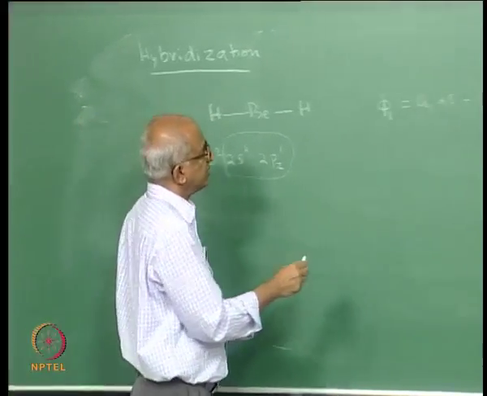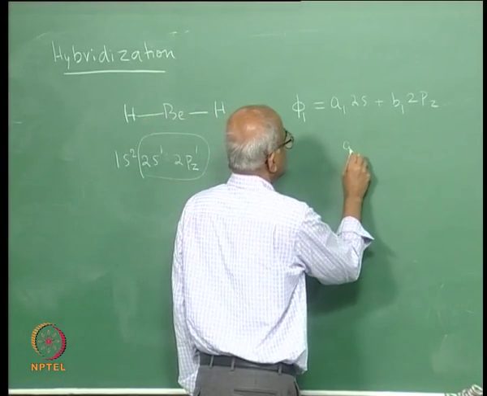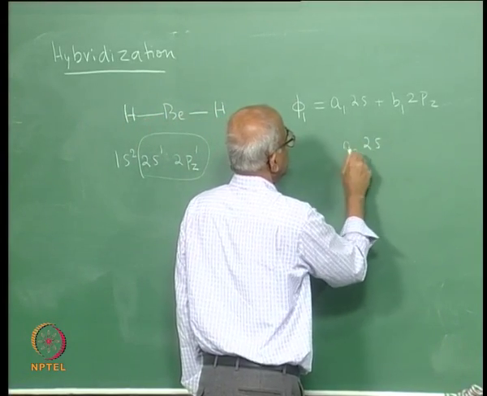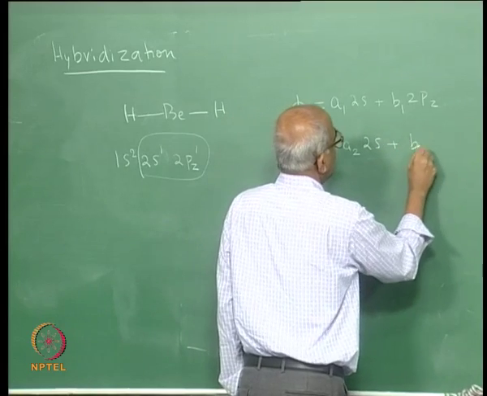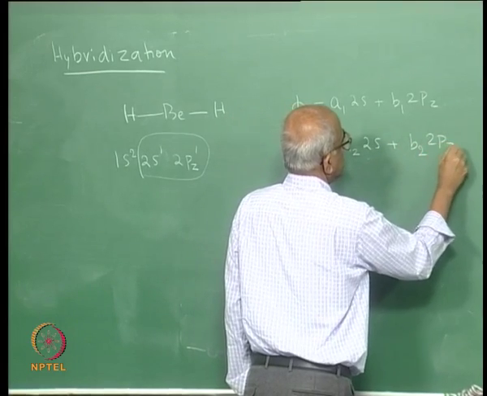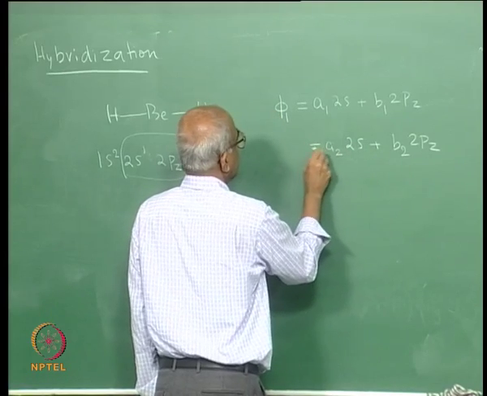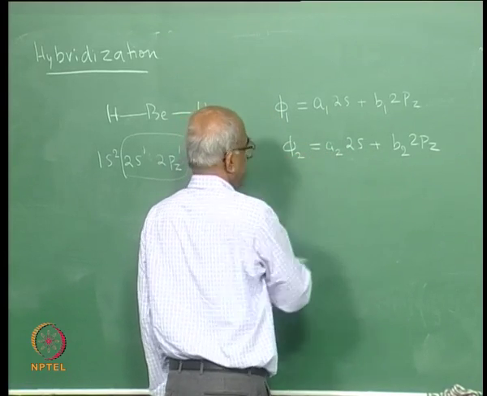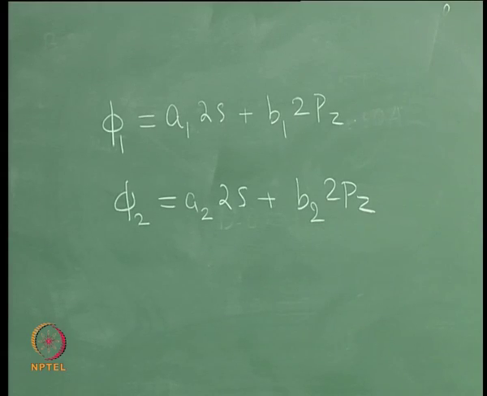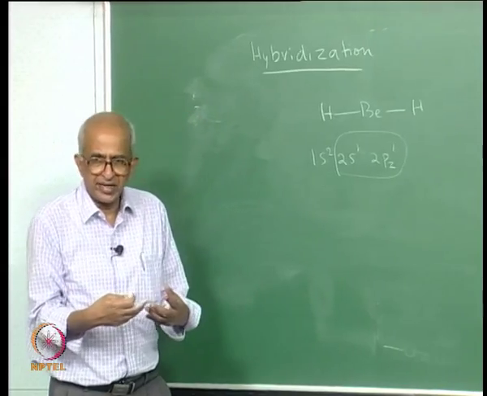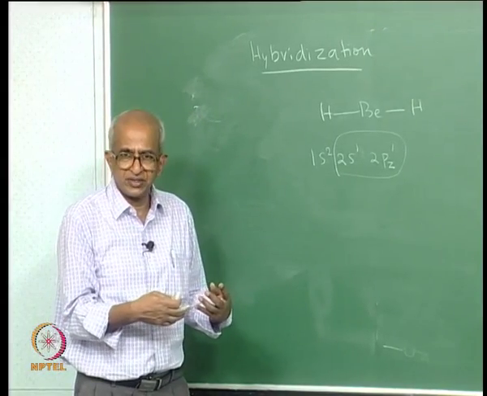And in a similar fashion I can take 2s, multiply it by A2, add to it 2pz multiplied by B2, and I shall get another hybrid orbital. So, we say we are adding linearly 2s and 2pz.